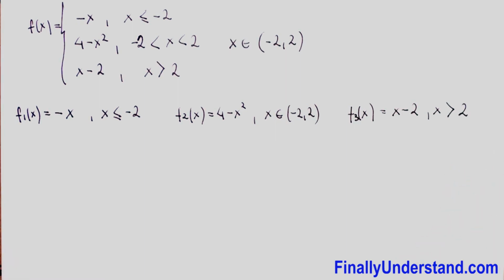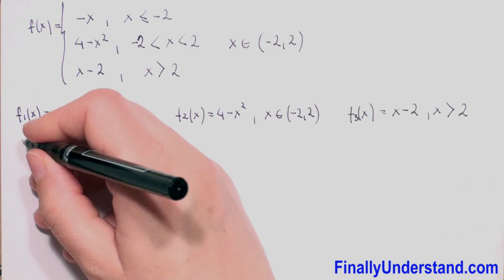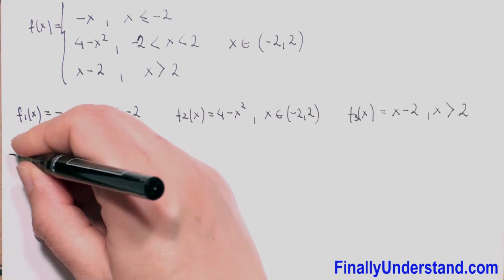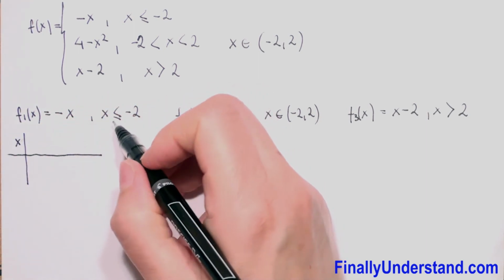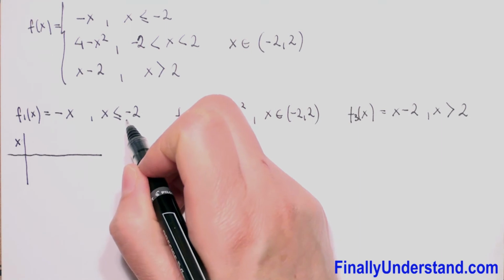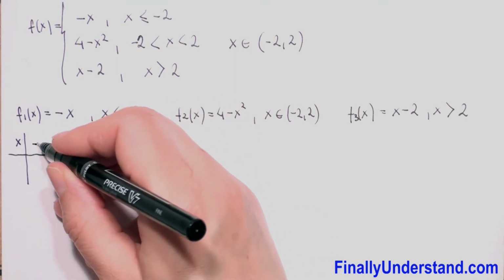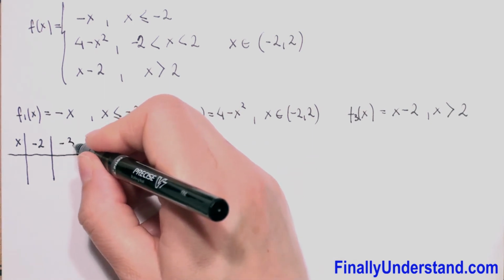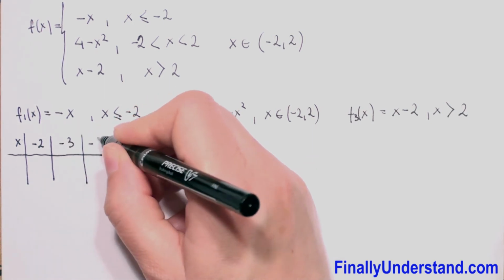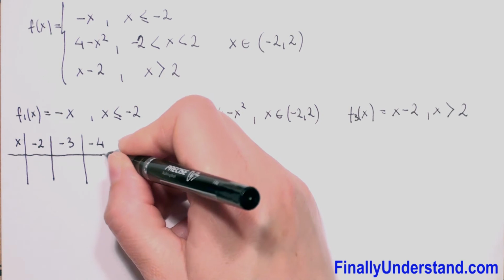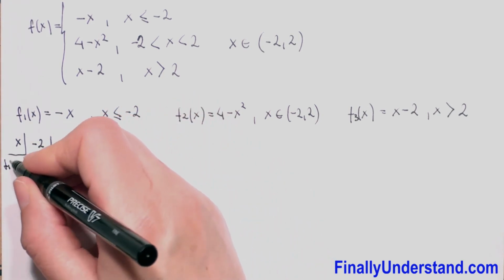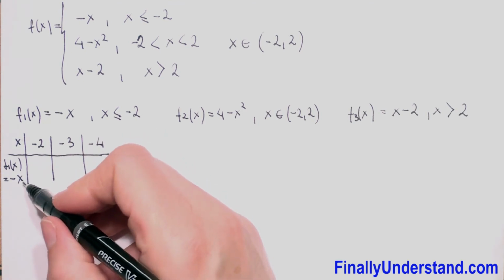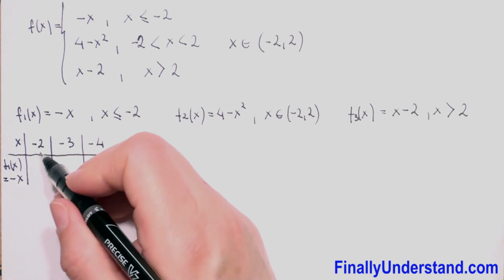So to draw the graph, we need at least 3 points. Let me choose x. x must be less than or equal to -2, so I can choose -2, -3, and -4. The value f1 of x is equal to -x. Now I will replace x by -2.